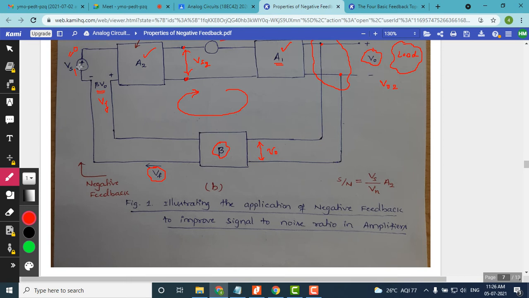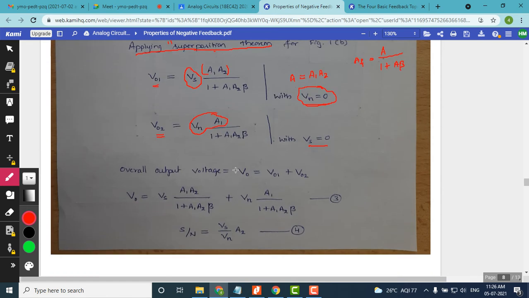Since this signal does not exist, only the feedback signal gets applied to A2 directly without Vs. That is the reason in this second equation we have A1 times Vn divided by 1 plus the feedback voltage, so A1 A2 times beta. This is for Vs as 0.